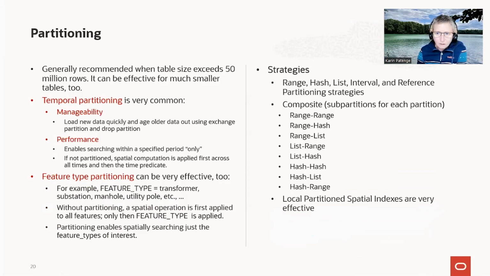But as you can see here, there are many strategies you can apply for partitioning your data: range, hash, list, interval, or reference partitioning. Or you can use two different columns to have the composite partitioning also applied to it. And having your spatial indices or indexes also partitioned, locally partitioned, is typically very effective for performance as well.